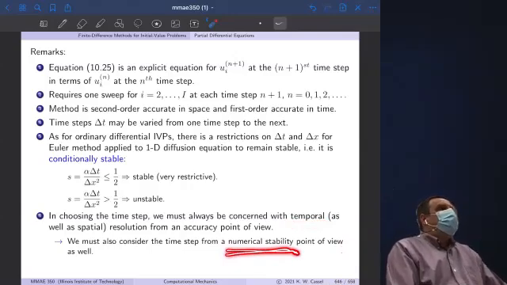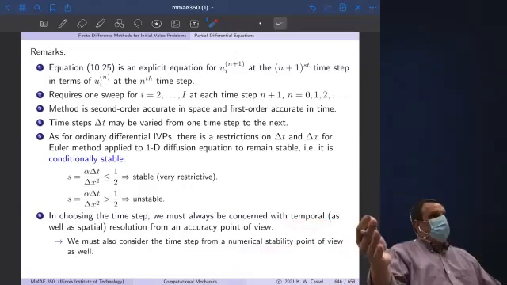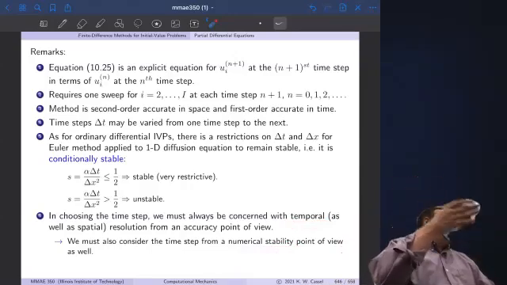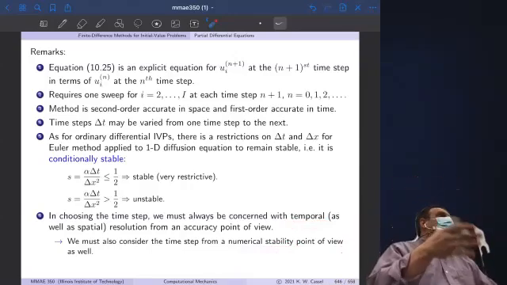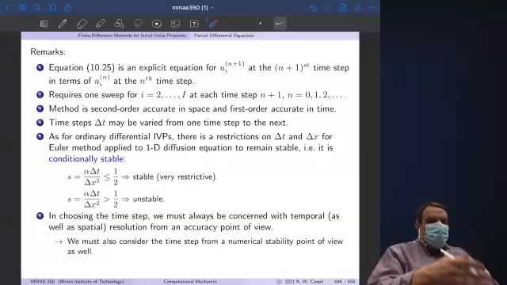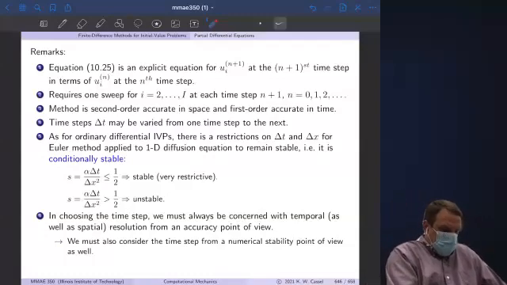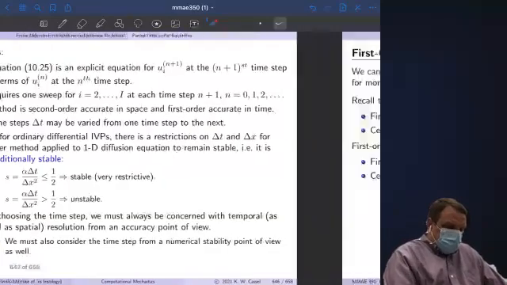Usually, I can't say this with certainty for all problems, but in most cases, the restriction for stability is more restrictive than the necessarily small time steps for accuracy. That's not always the case, but usually the accuracy requirement on the time step is not as restrictive as the numerical stability restriction on the time step.